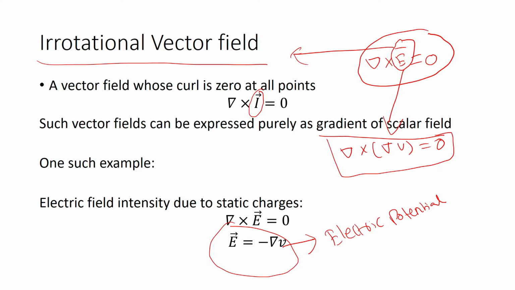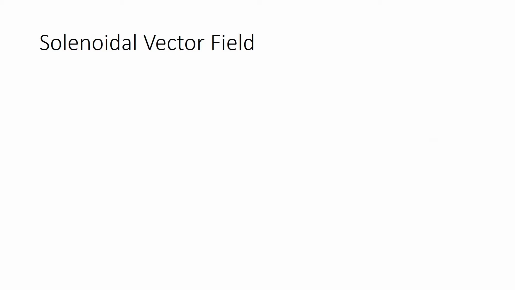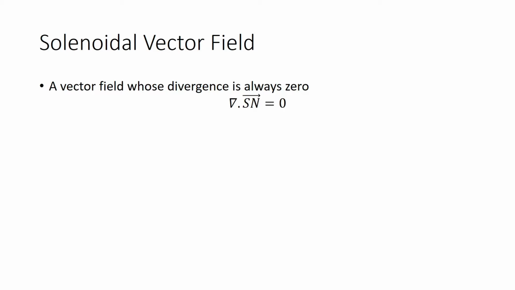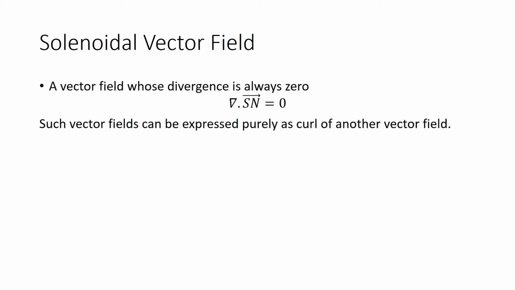Similarly, if the vector field is a solenoidal vector field, the meaning of solenoidal vector field is a vector field whose divergence is always 0. One such example which we have seen already is the magnetic flux density.